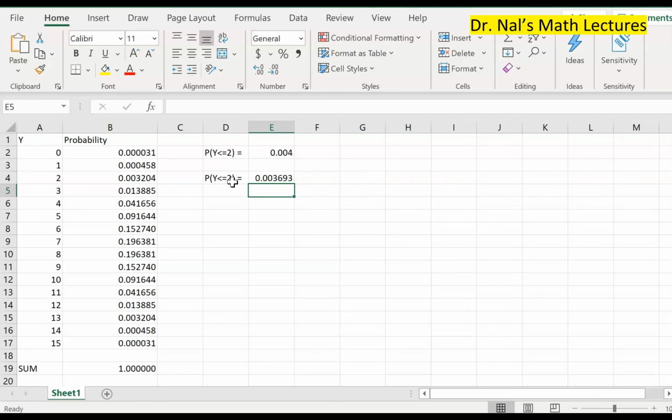Does that make sense? Boom, the same answer. So either you come to this table and add up these numbers like we did in the first solution, or you can directly use binom.dist with a true cumulative. All right, but regardless, this supports the earlier result that we manually solved using combinations.